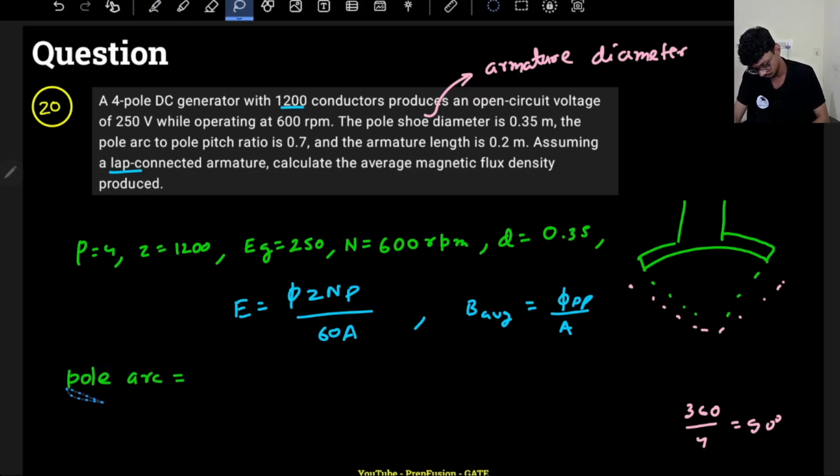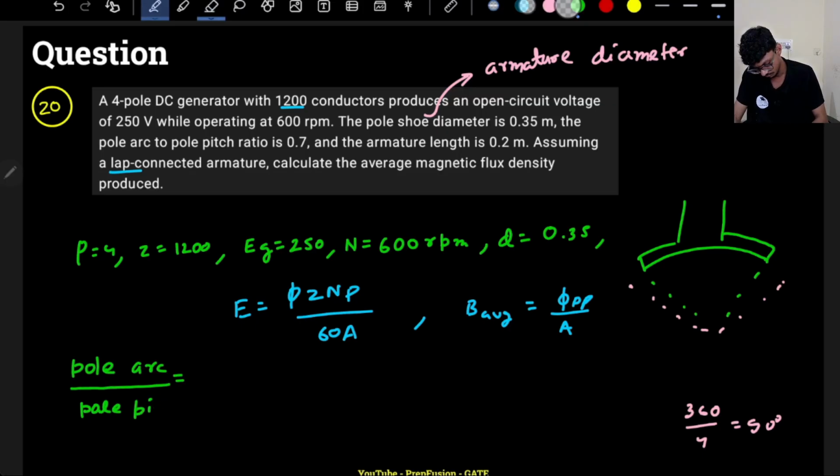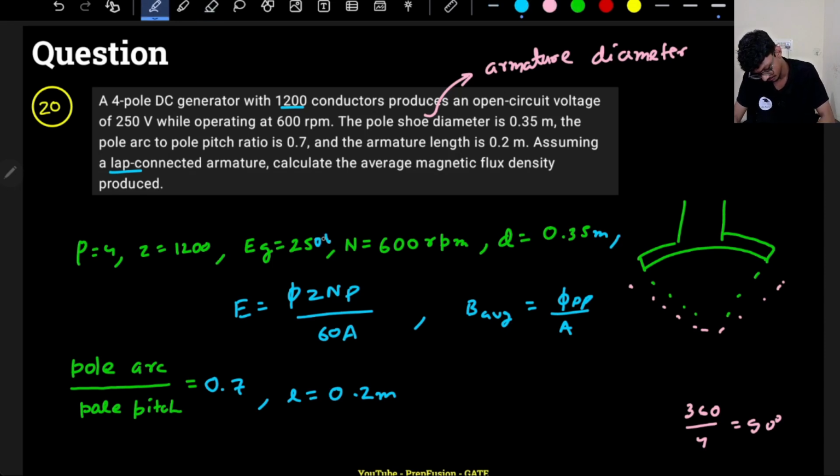So pole arc to pole pitch is given as 0.7. Okay, armature length is 0.2 meters. This one was also in meters only. This is in volts. Don't mess up the units.